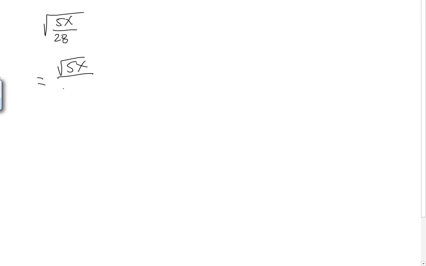Let me see. Let me pull up another one from Math Excel maybe. This one is the square root of 5x over 28, all inside one radical. So the idea is that it's not rationalized because this is really the square root of 5x over the square root of 28.